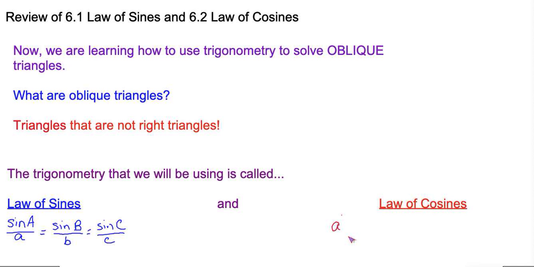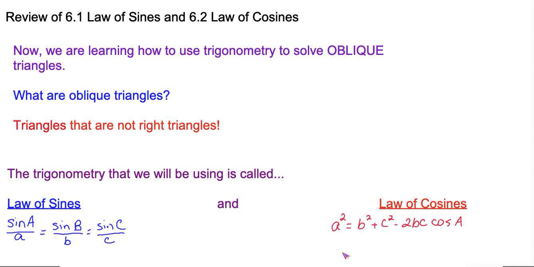And the law of cosines, normally we see it written this way: a squared is equal to b squared plus c squared minus 2bc times cosine of A. Now, notice that this capital A is the angle that is opposite from this lowercase a, which is a side length.